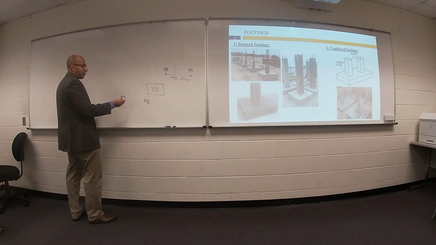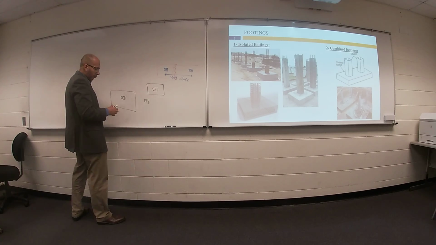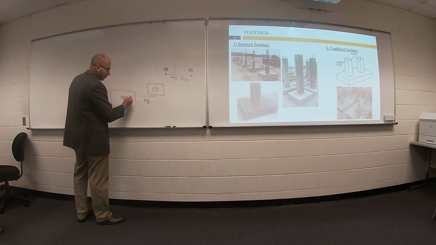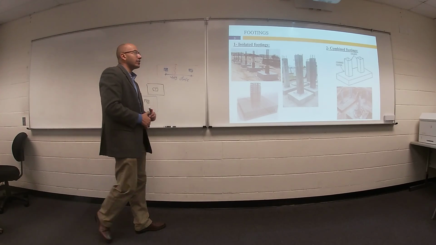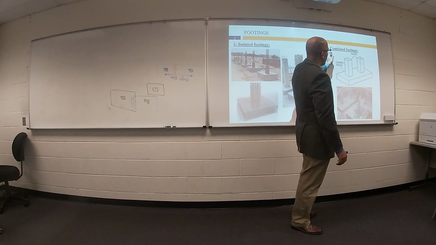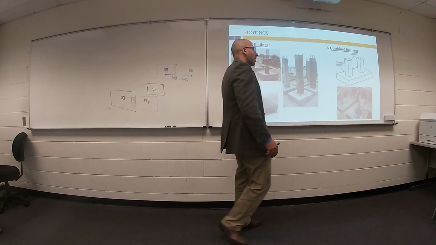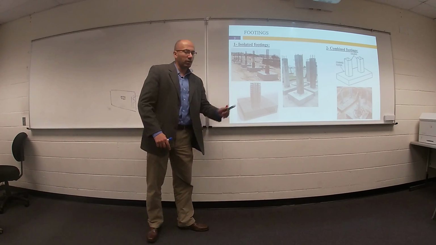Once I design the foundation, I found this footing, something like this, and the other footing, something like this. So we have overlap between two footings, so we are looking for a different type of foundation called combined footing. Both of them are combined on one footing, called combined footing.